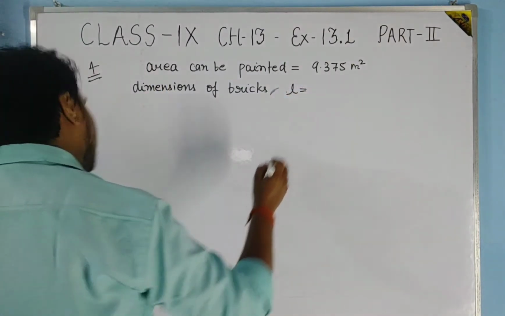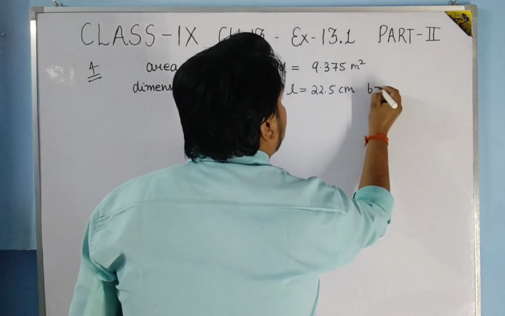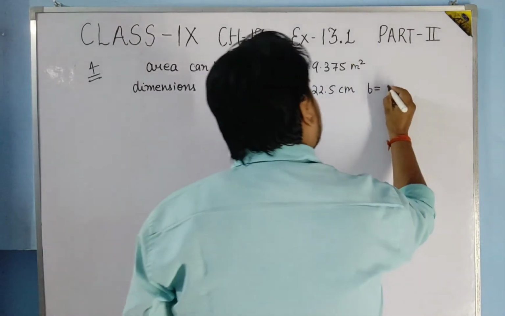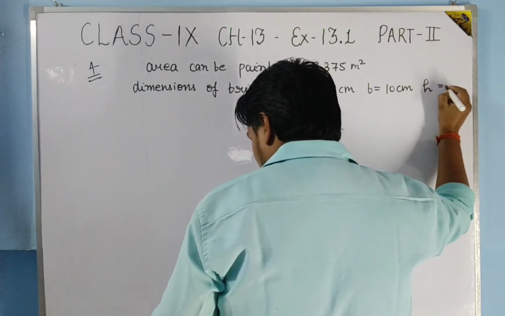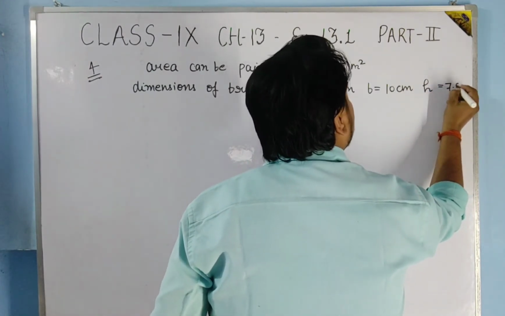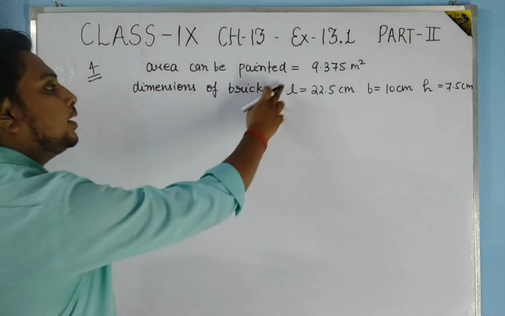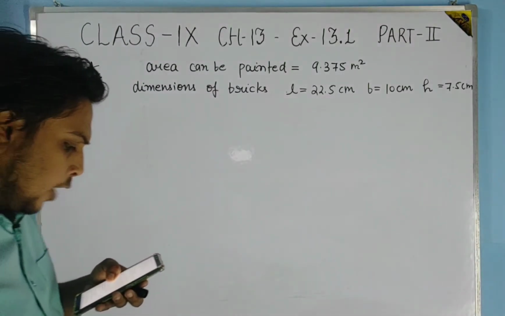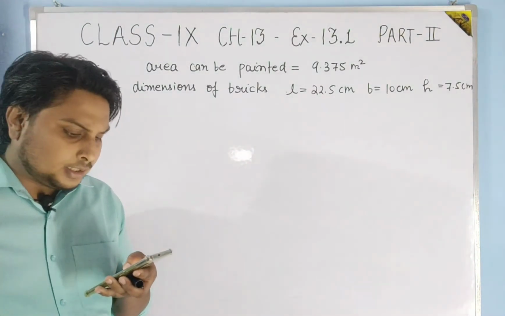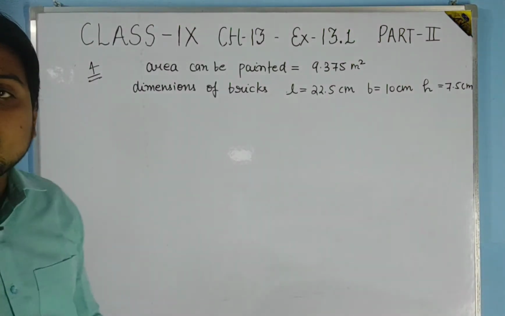The length is given 22.5 centimeter, breadth is given 10 centimeter, and height is given 7.5 centimeter. Okay, these are the dimensions of bricks. So the question is how many bricks of this dimension can be painted out of this container.